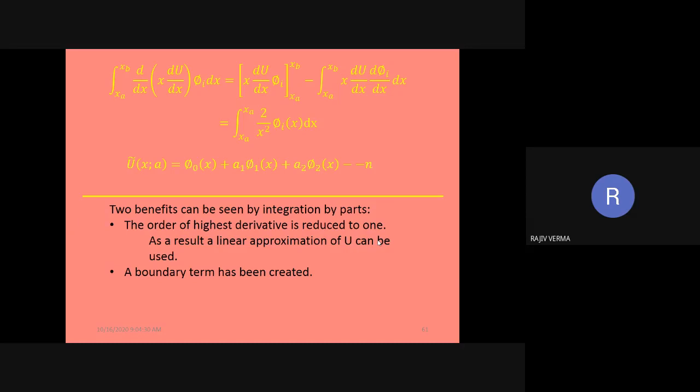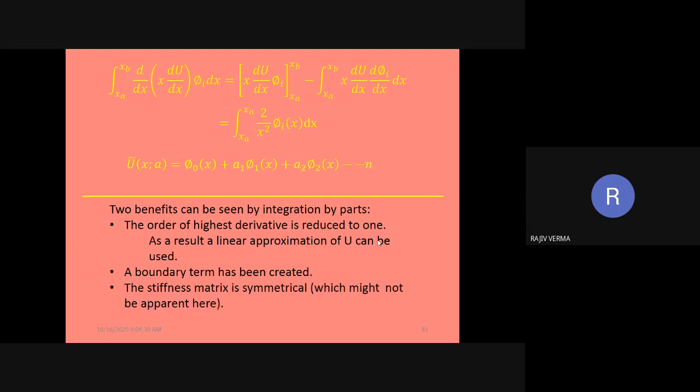Therefore, this is a boundary term. And this particular boundary term is appearing simply because we have reduced the second order differential to an equivalent first order differential. As a result, the second order differential term disappears, resulting in a first order differential term and a boundary term.